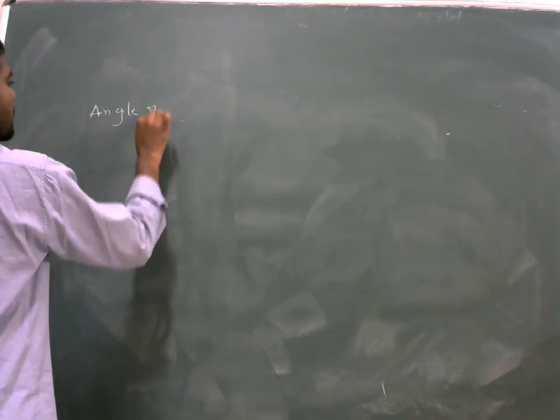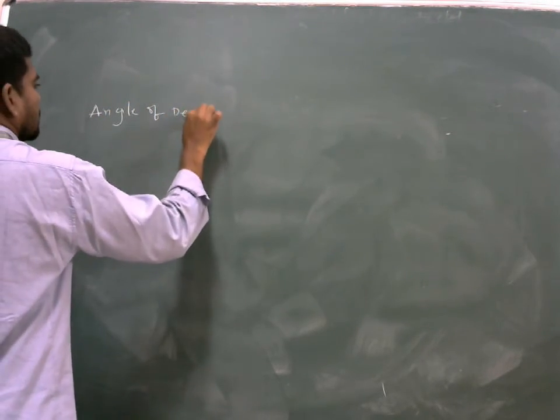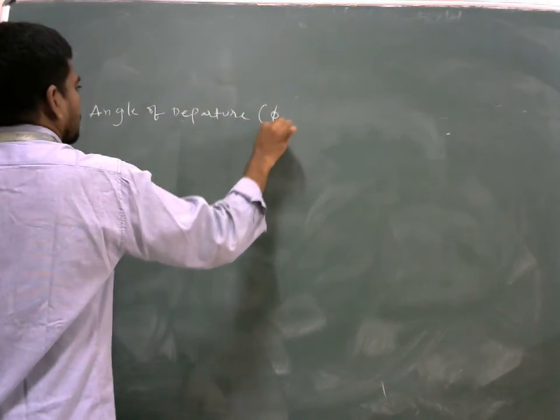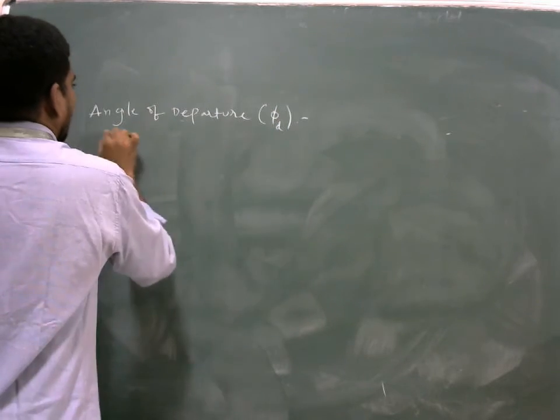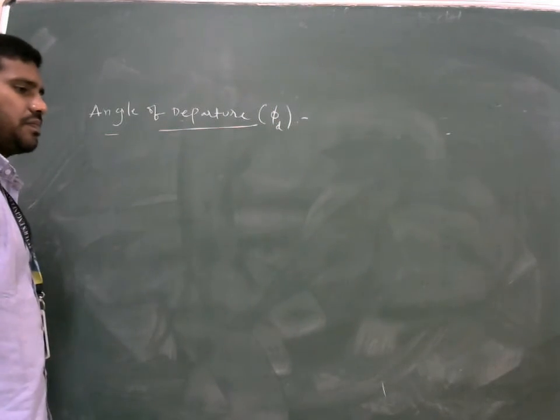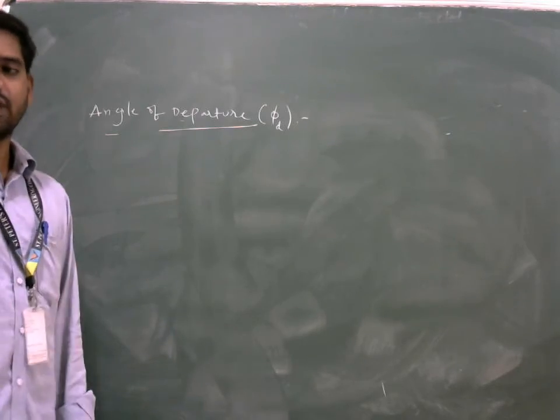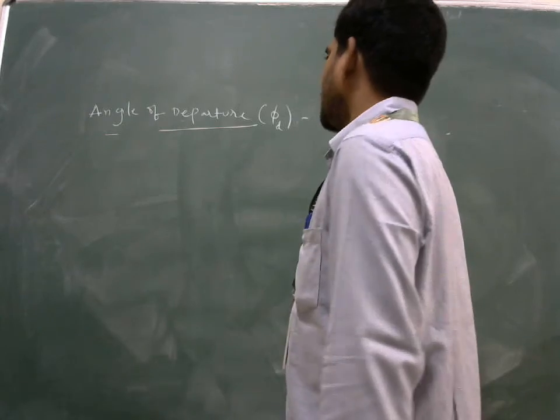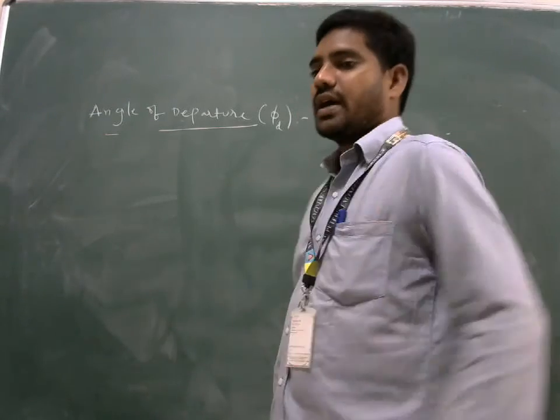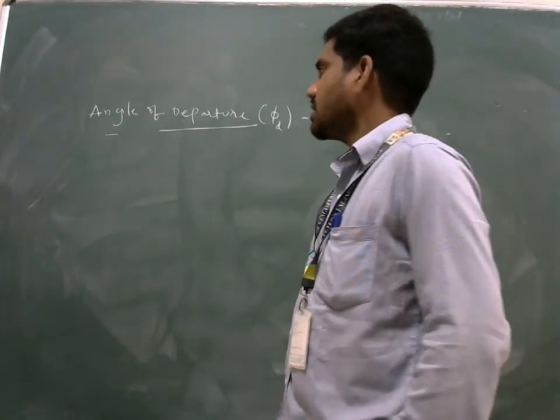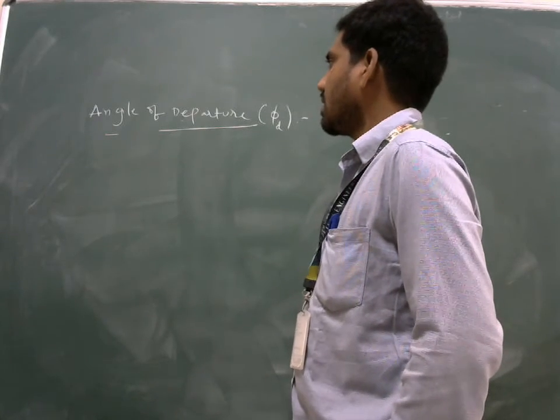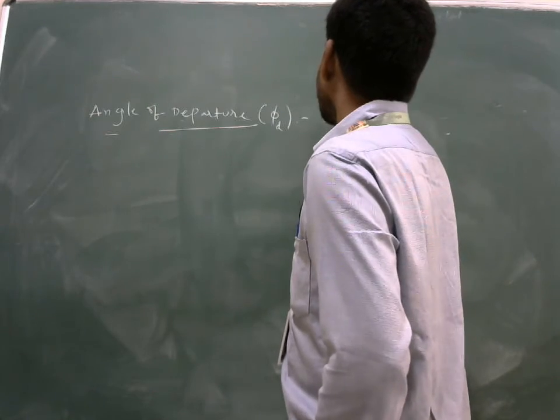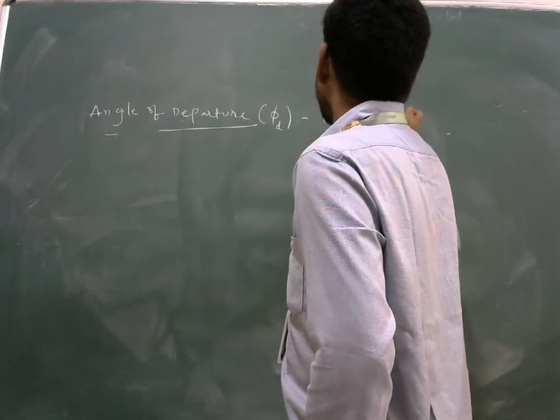Angle of departure. What is an angle of departure? Phi d. When do we have an angle of departure? We have an angle of departure only in the case where you have complex poles.